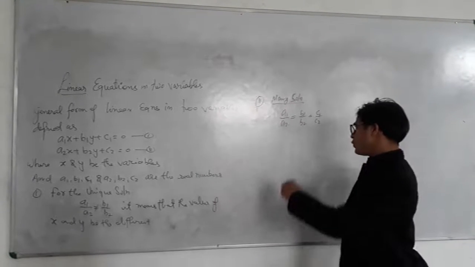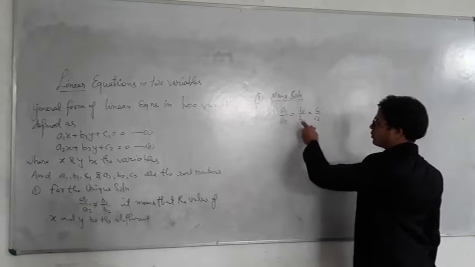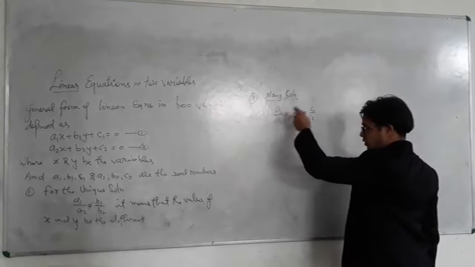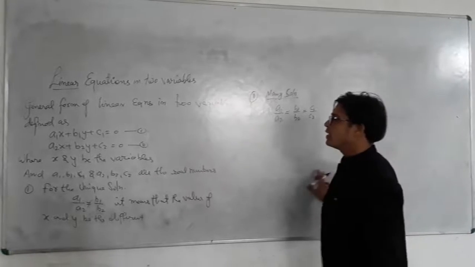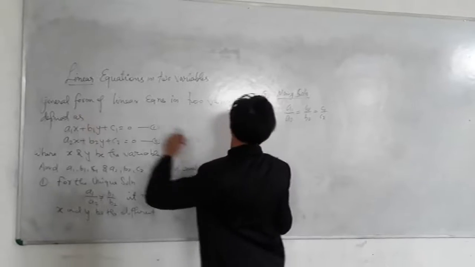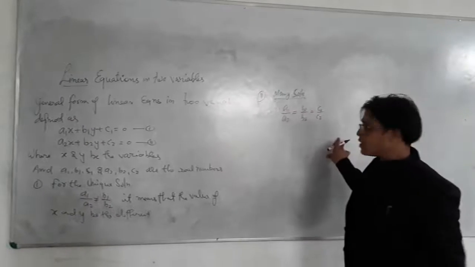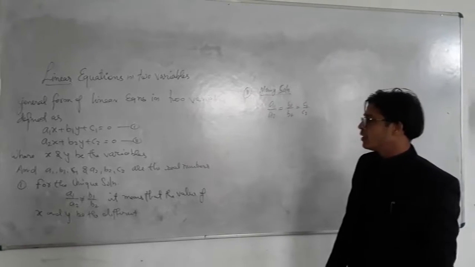If all these ratios are equal, then we can say that the system of linear equations has many solutions. So this is the condition for many solutions.